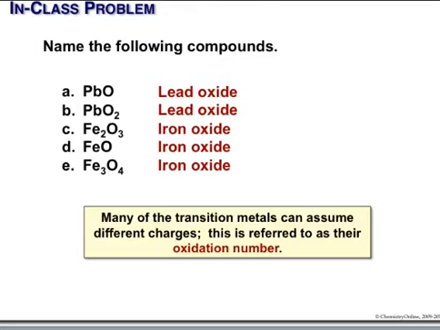That makes sense, right? Here, how many negatives do we have? Each oxygen is -2, right? So there are 4 negatives. This must be a +4. This iron must be a +2. This one must be +3. This one must be +2.